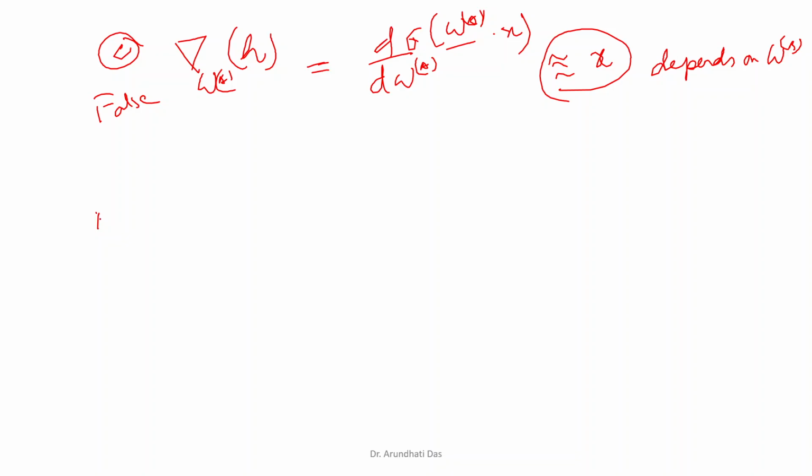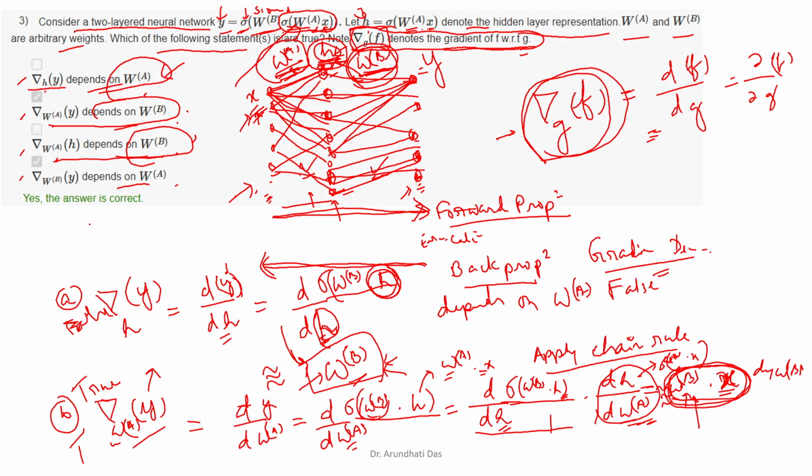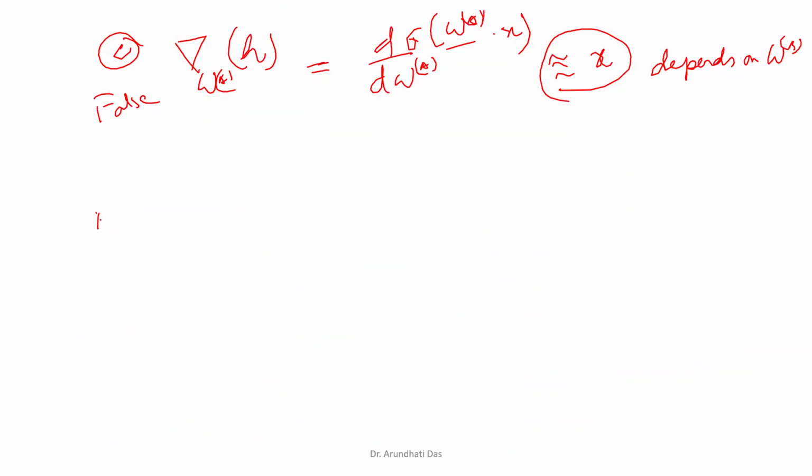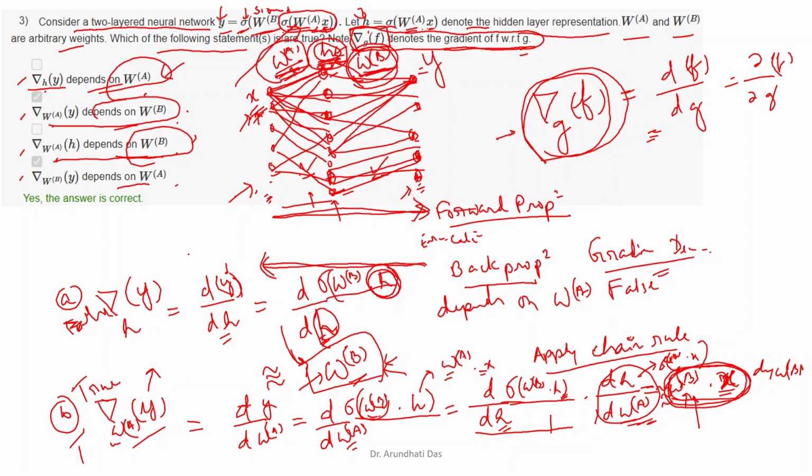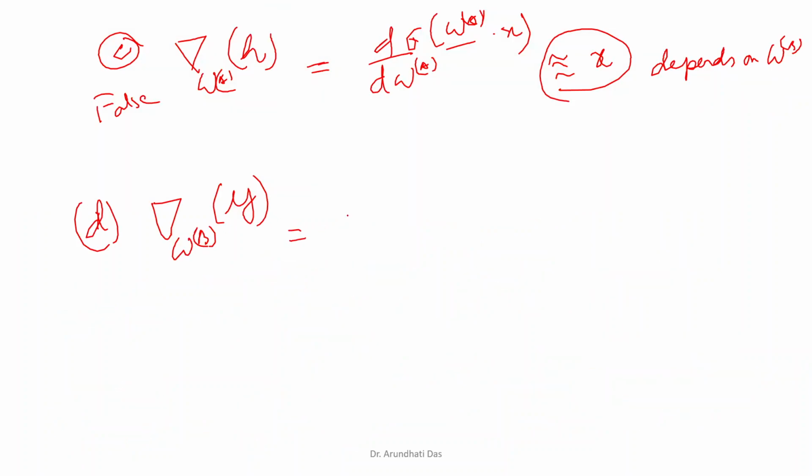Then what about option D? Option D is the gradient of y with respect to WB. So we have to calculate the derivative with respect to WB, but for y. What is the formula of y?